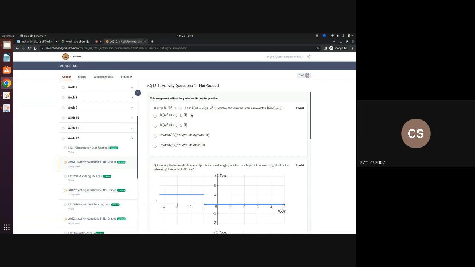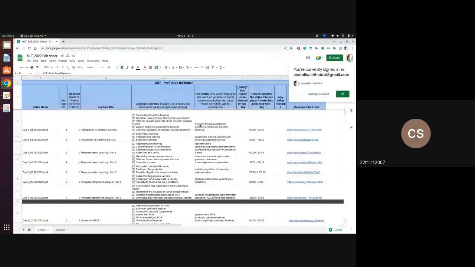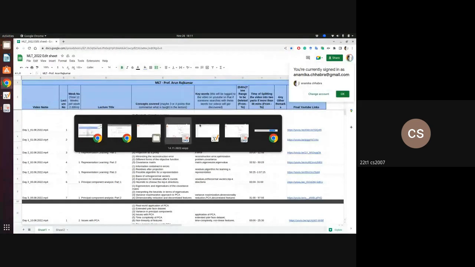Now the model looks at the sign of W transpose X. If we are not looking at the sign and we are simply multiplying W transpose X with Y, and Y is either +1 or -1, then what will happen?